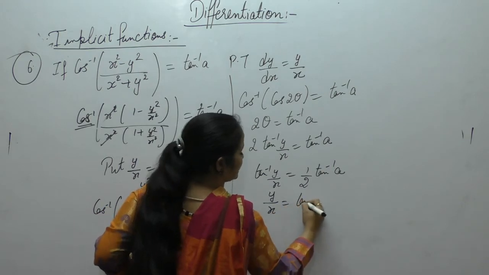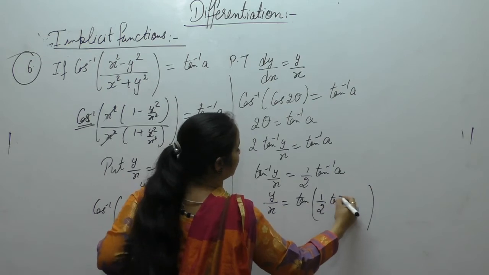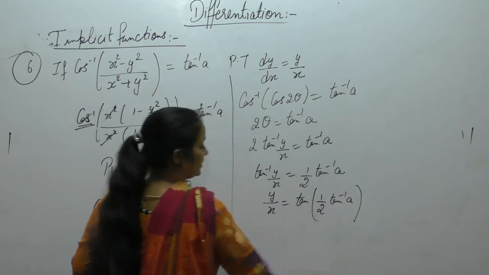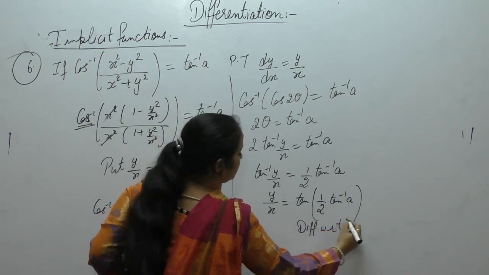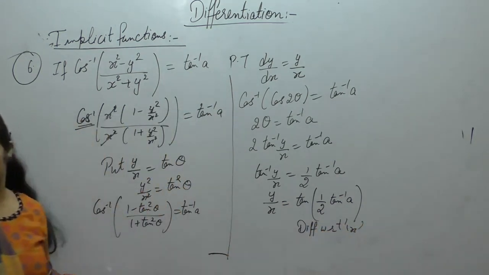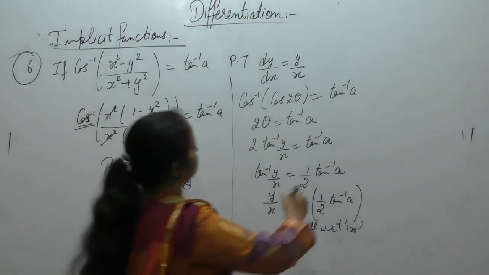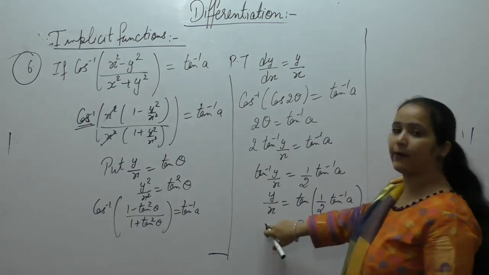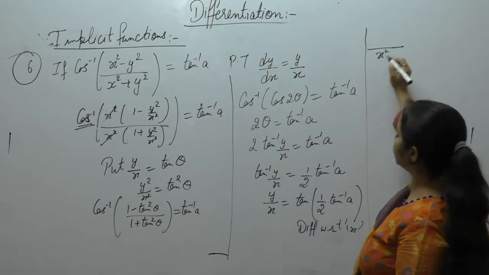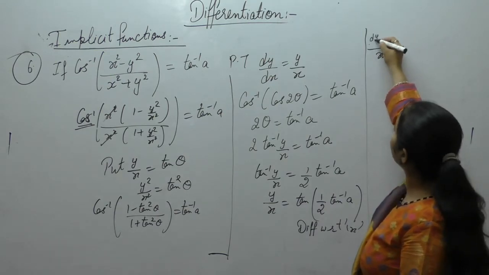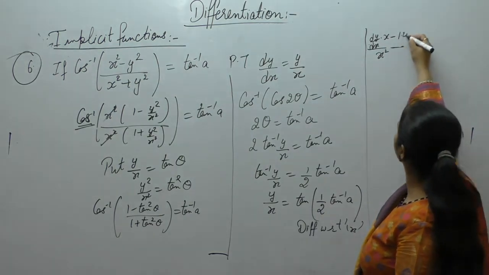So y upon x, when it goes on the right hand side, is tan of half tan inverse A. Now differentiate with respect to x. y upon x, first function, v square u dash into v minus v dash into u.